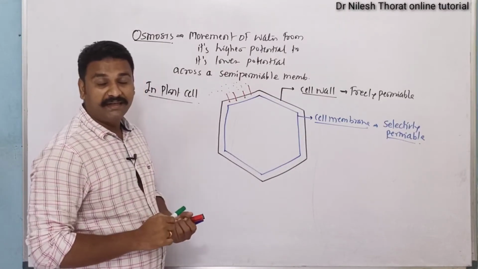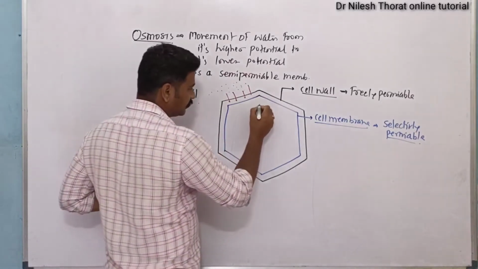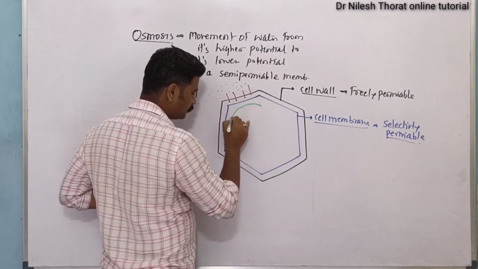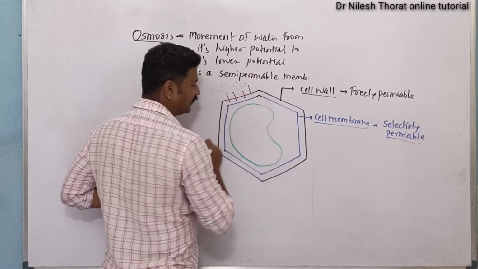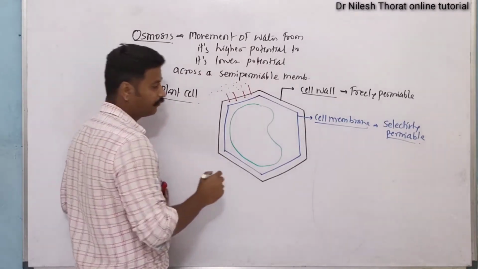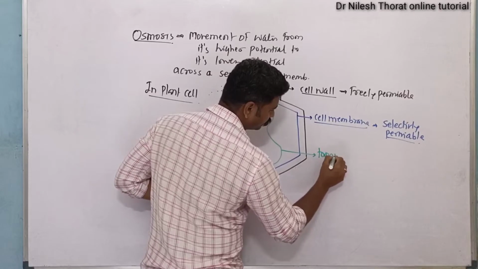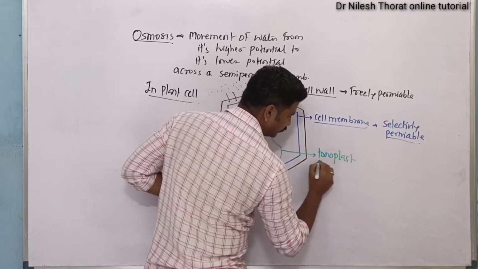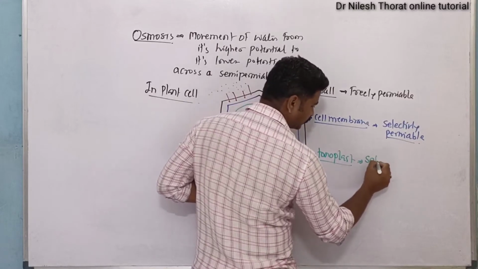But in case of plant, we are having another membranous structure. A plant cell will have a large size of vacuole, and the membrane of vacuole, that is tonoplast, is also a selectively permeable structure.